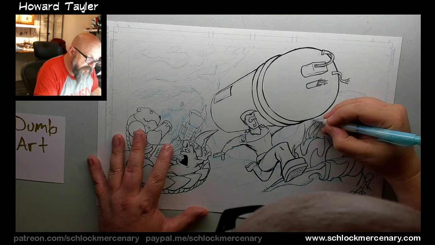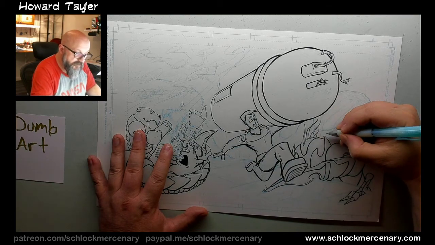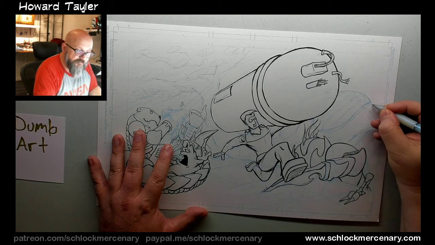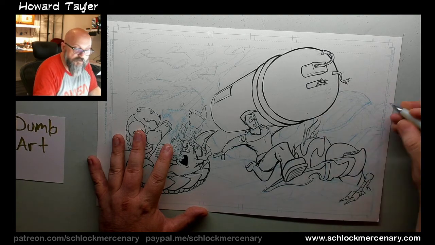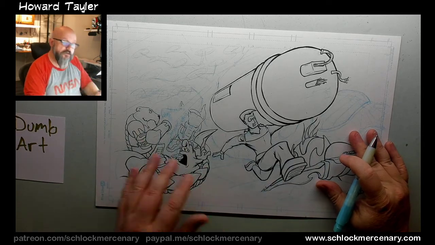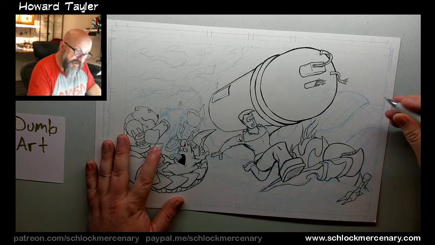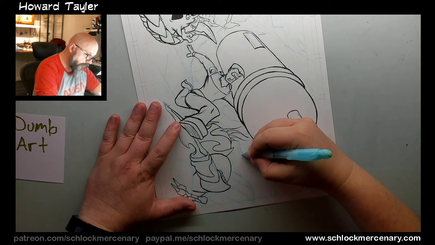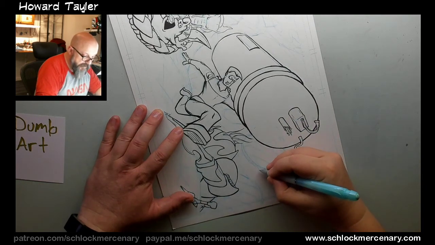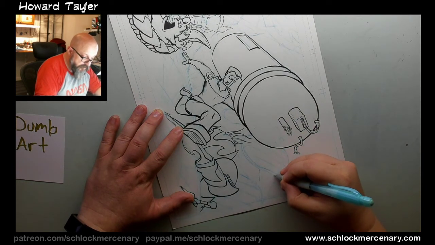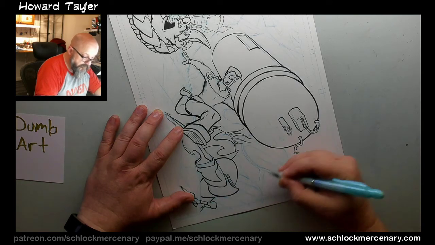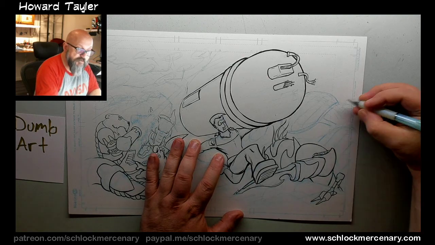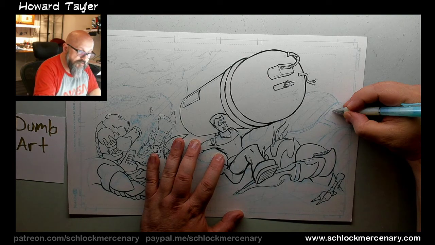Okay, now if I put a sort of a gasket flange border around the edge of this, and then use that as my guide for grain. That's not moving in the right direction. I shouldn't have turned my head.